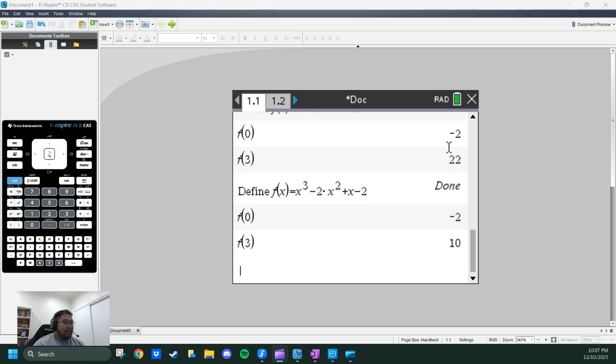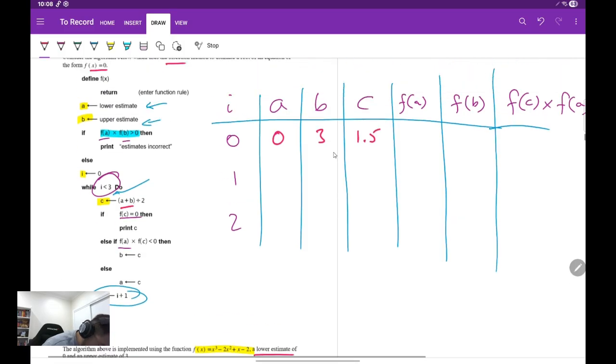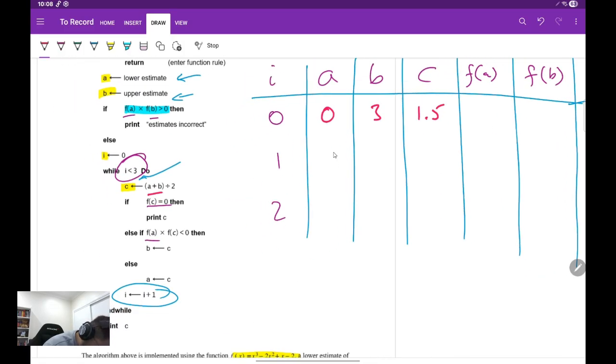So, going back to this question, let's read the pseudocode. This question is saying, all right, if f of A times f of C is less than 0, then switch out B to be the new C. But if it's equal to or more, it's almost like a rotating basis.